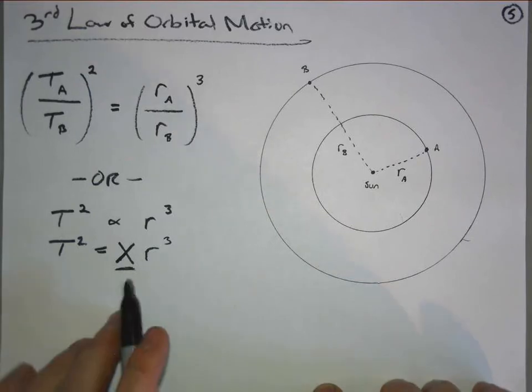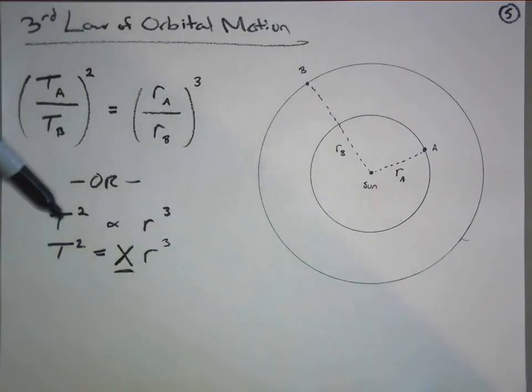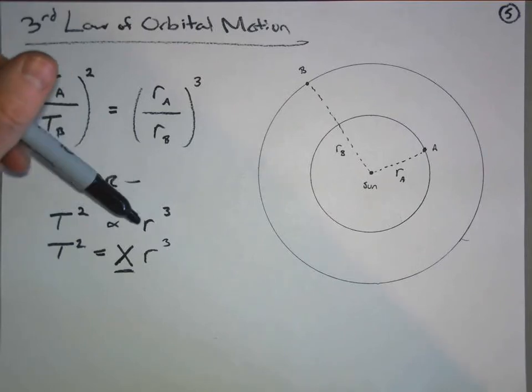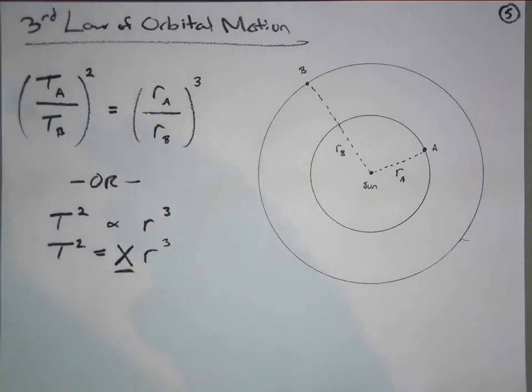Now don't worry too much about that. We're just showing that the square of the period of a planet is proportional to the cube of its orbital radius.